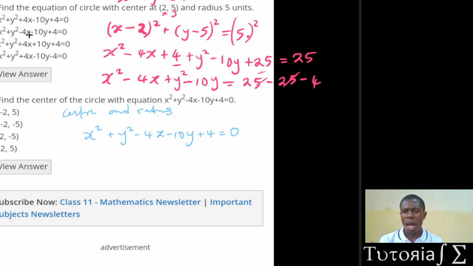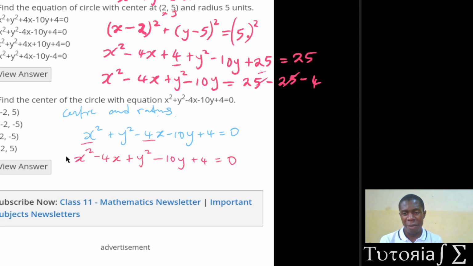If you are told to find the center and the radius given this equation, what you want to do is first group the x parts and the y parts alone. For the x parts, we have x squared minus 4x. Then for the y parts, we have plus y squared minus 10y, then plus 4 equal to 0. And what you do always, if there is a number in front of the x squared part, you factor it.